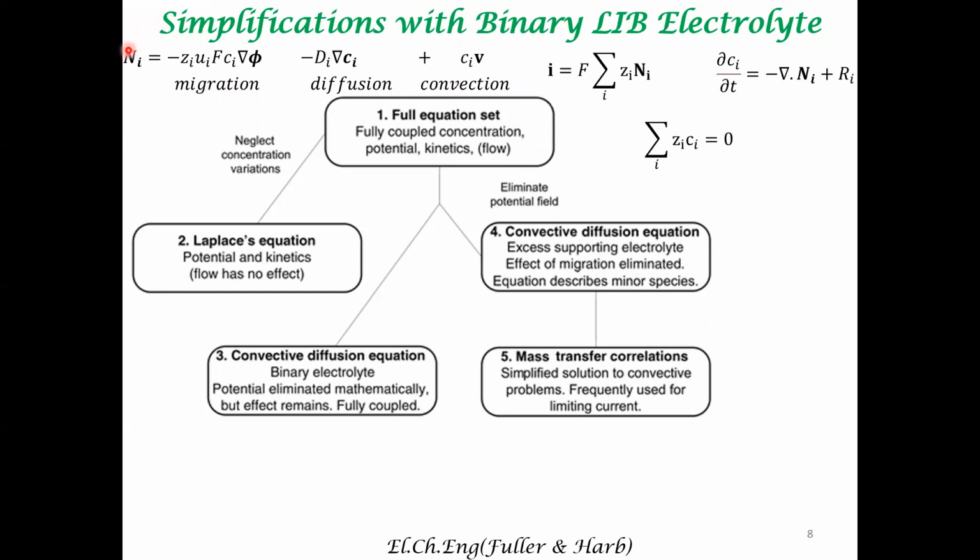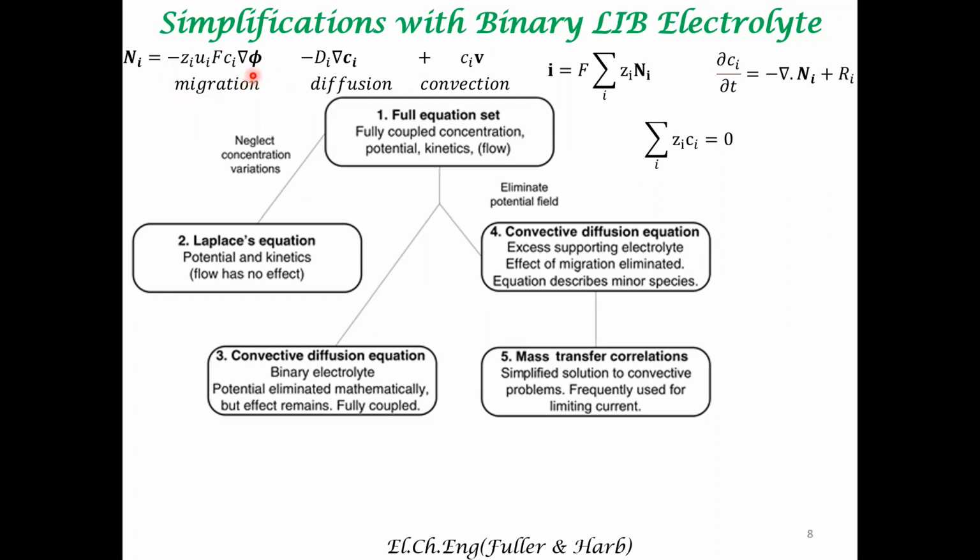First, there is this molar flux equation, which gives you the quantitative expression for three mechanisms of relevance: migration, diffusion, convection. This you might have already seen in your fluid mechanics class. In mass transfer class, you would have seen diffusion. What is quintessential or unique to electrochemical systems is this migratory transport.